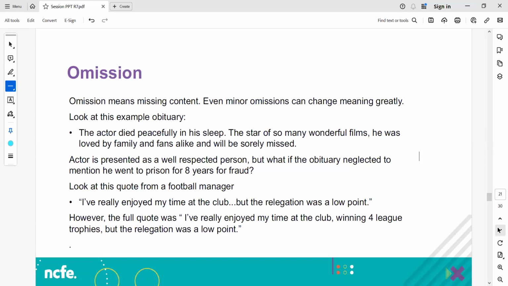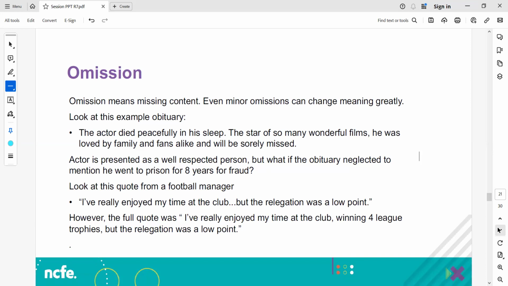And that omission could change the meaning. The full quote was, I've really enjoyed my time at the club, winning 4 league trophies, but the relegation was a low point.